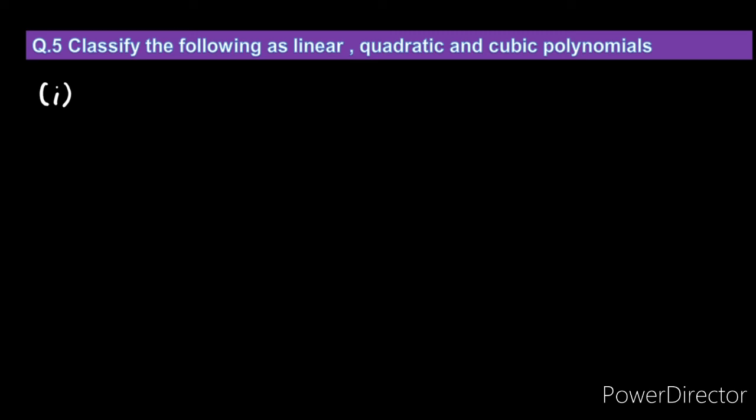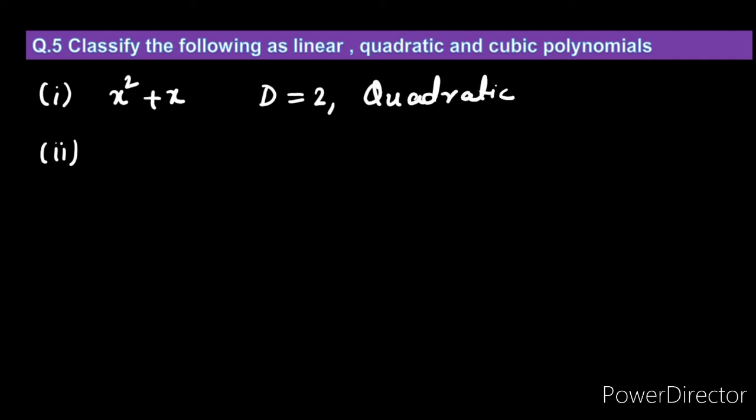The degree is 3, and 3 means it's cubic. Basically we are going to deal with linear, quadratic and cubic. Next, y plus y square plus 4, degree is 2, and when it is 2 it is quadratic. Question number 4 is 1 plus x.